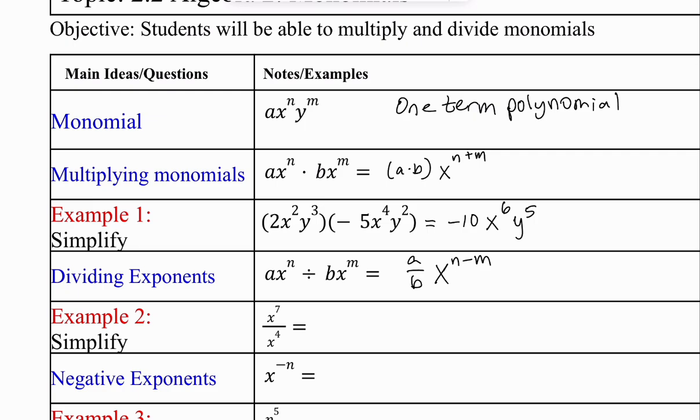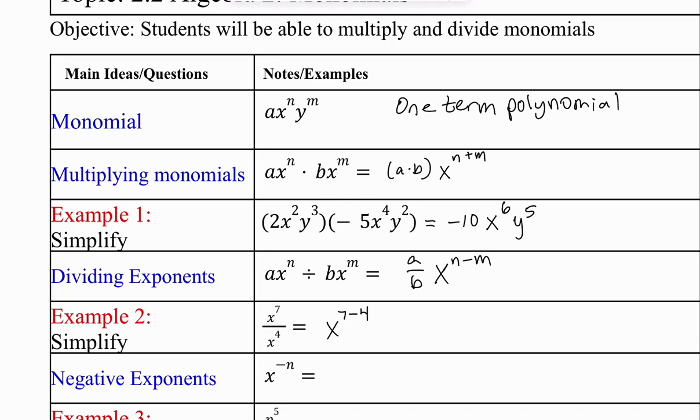It's always the first thing that's in front of the division symbol, that power n, minus the one you're dividing by. So in example 2, when it's written in fraction form, it's always the top power minus the bottom power.